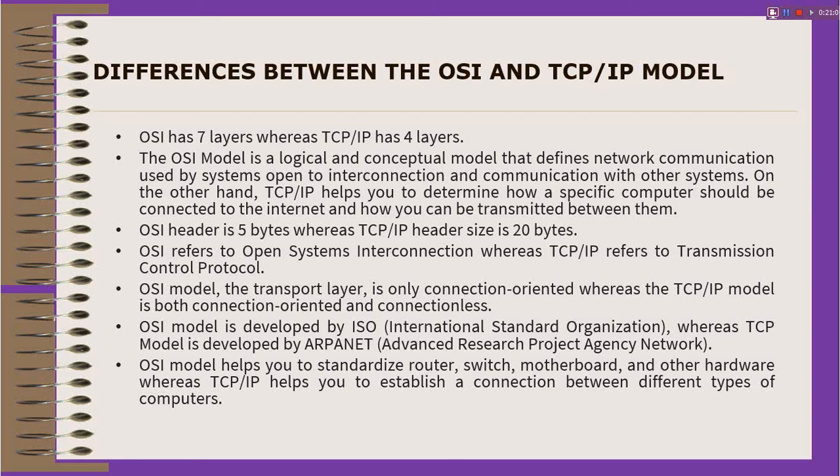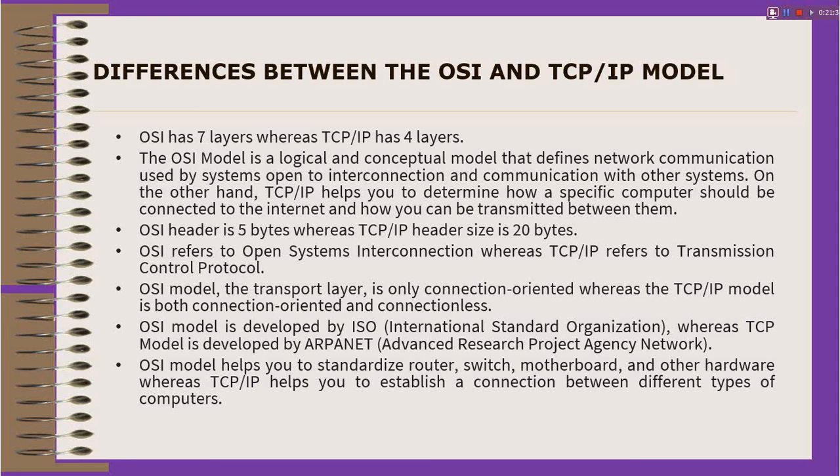The OSI model is a conceptual model that defines the network communication used by systems open to interconnection and communication with other systems. And on the other hand, TCP/IP helps you to determine how a specific computer should be connected to the internet and how you can transmit data between them. Means OSI is a reference model, and TCP/IP is an implemented model.